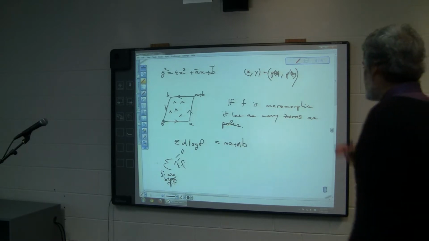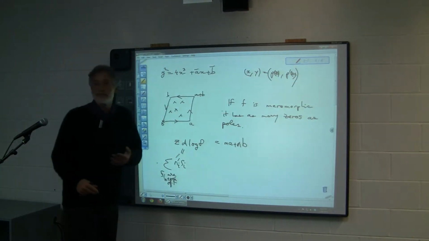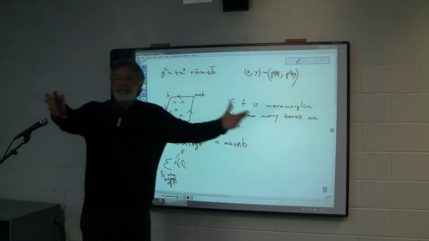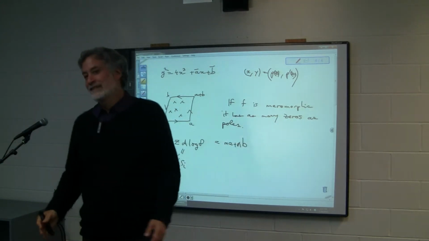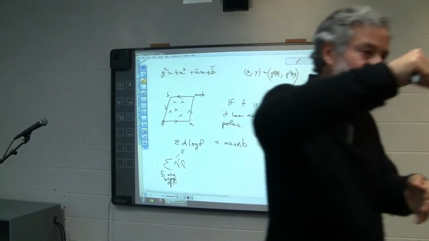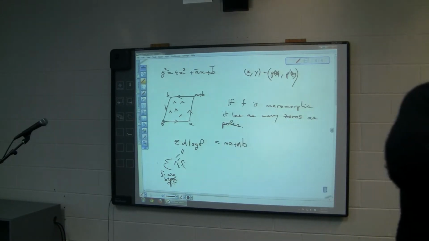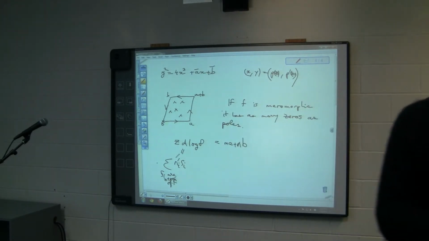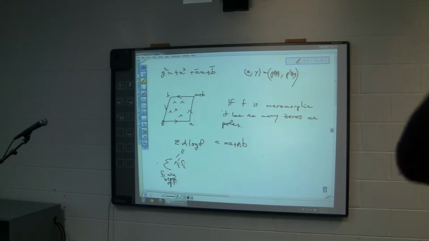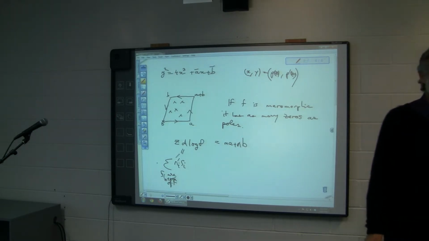But here you get some mysterious relationship. You cannot interpolate any values at any collection of points. You cannot, for example, specify that the function should have zeros here, there, and have poles there. There's a condition. The zeros and poles have to add to 0 in the group law. It's a mystery.